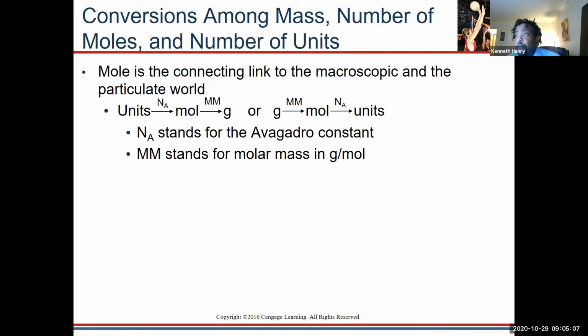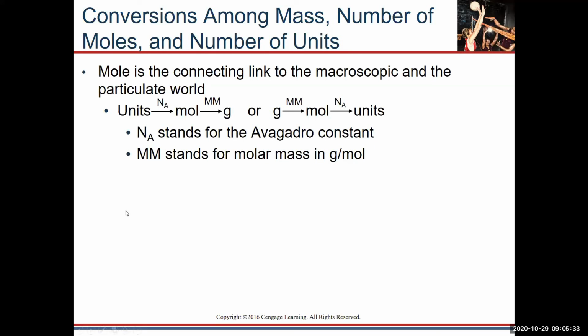Now, if we have moles and we want to go to grams, we're going to use molar mass. MM stands for molar mass, which is in grams per mole. Avogadro's number is moles per quantity of anything, so 6.022 times 10 to the 23rd. Simple, not too hard.